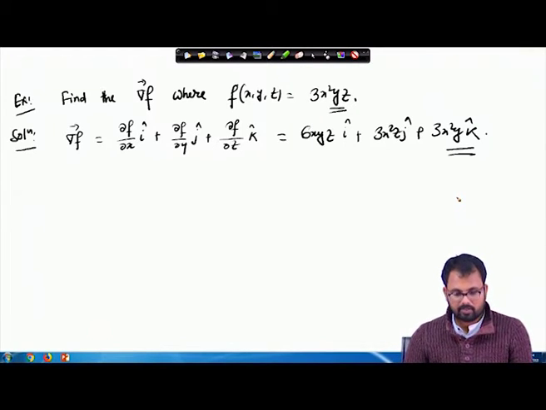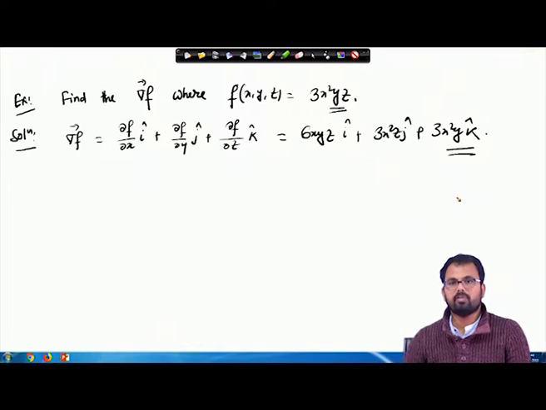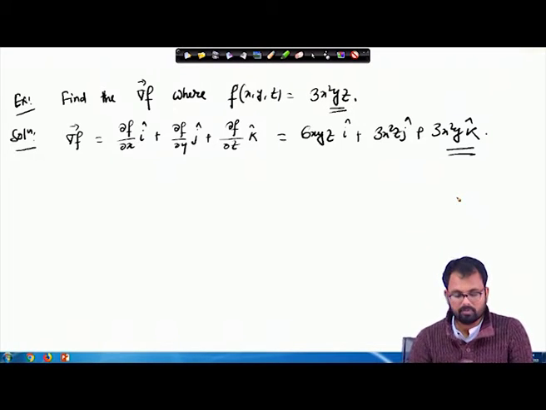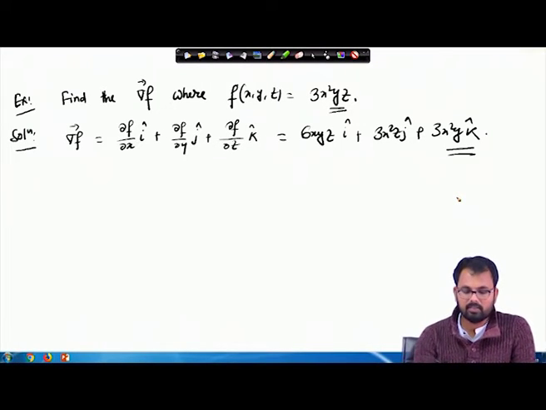Based on this, you can calculate the gradient of any scalar function, provided its partial derivatives exist. So, we can consider another example.